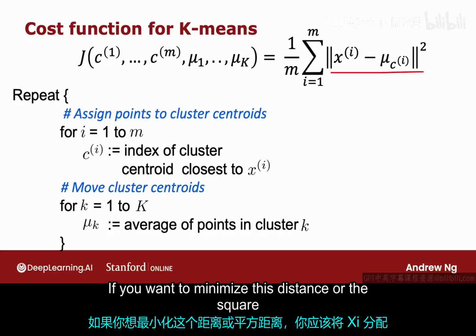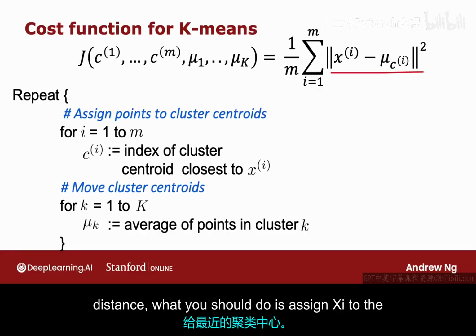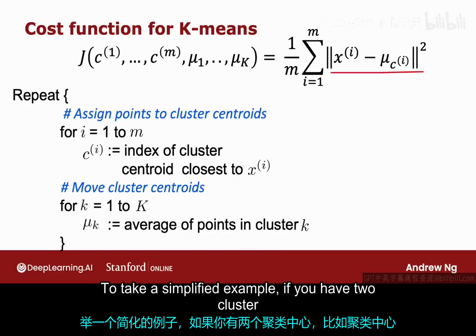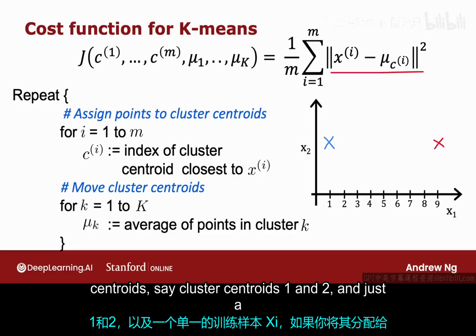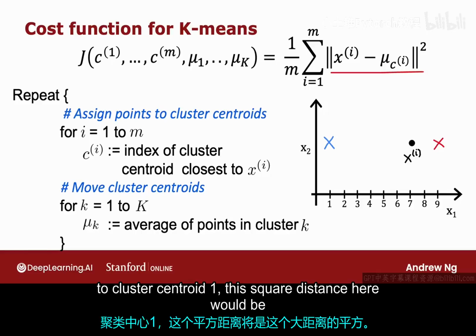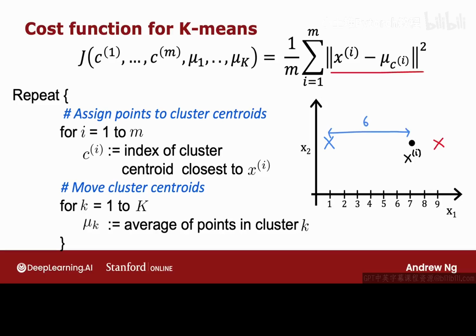So if you want to minimize this distance, or this square distance, what you should do is assign Xi to the closest cluster centroid. So to take a simplified example, if you have two cluster centroids, say cluster centroids 1 and 2, and just a single training example Xi, if you were to assign it to cluster centroid 1, this square distance here would be this large distance, well, squared.